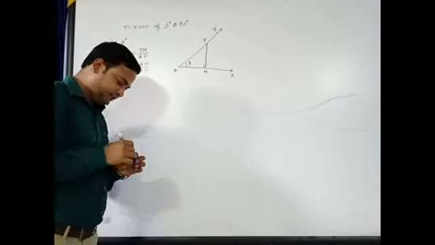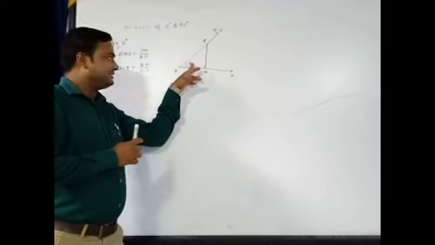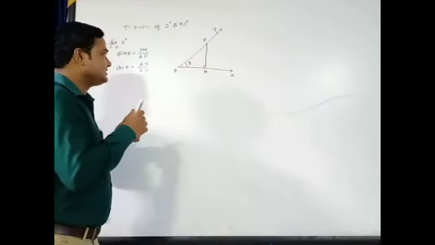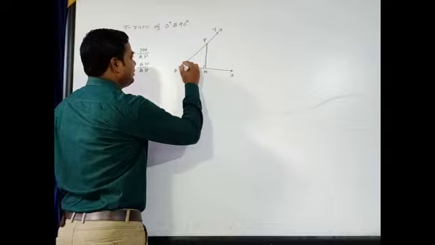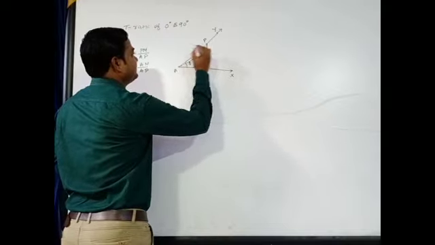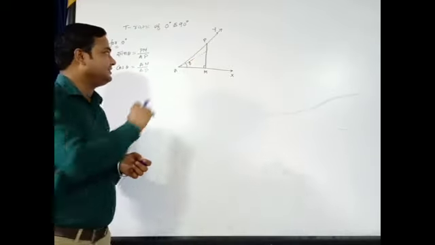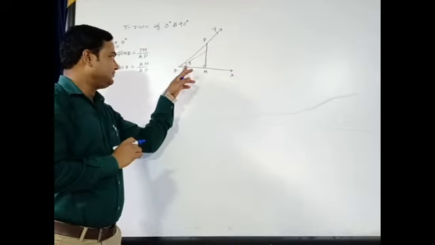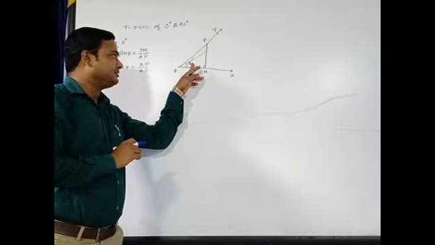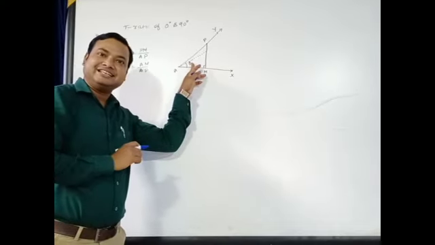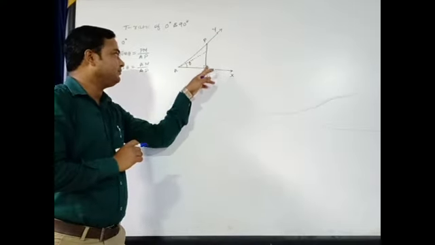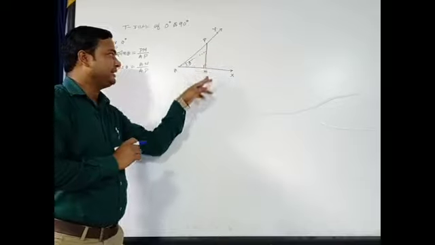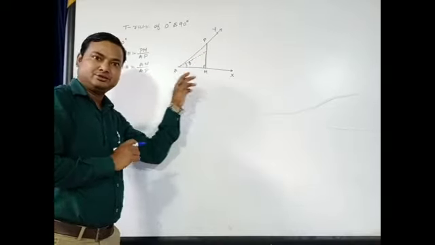Now look, when theta is decreasing, it means I am just decreasing the value of theta. Then the value of PM is also decreasing. If theta decreases, then the length of PM also decreases.